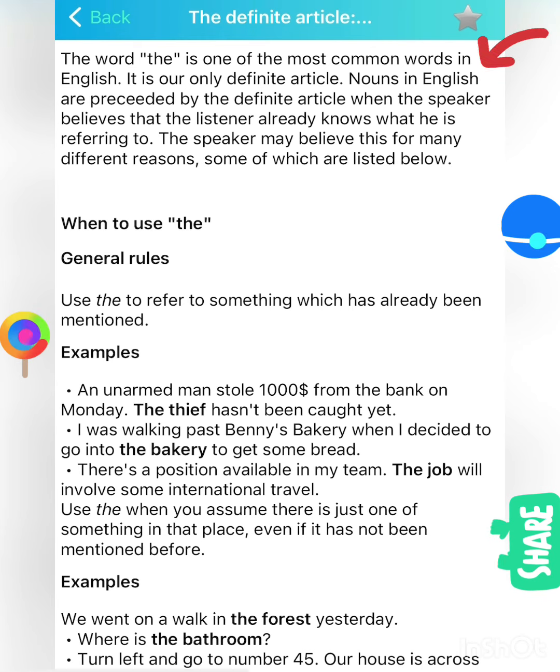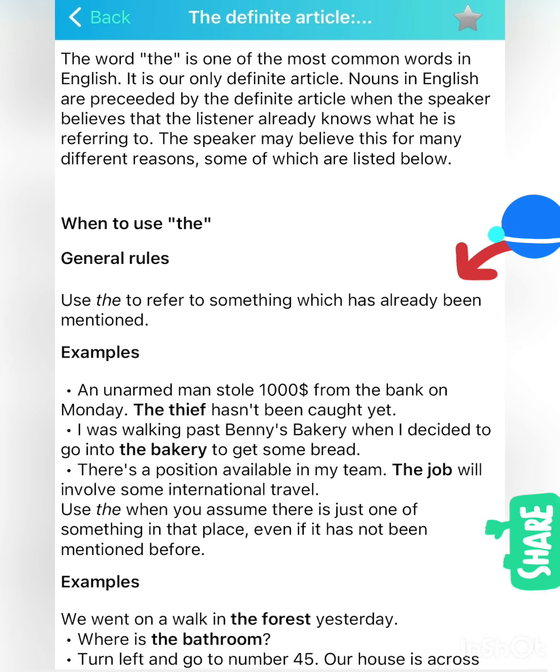The speaker may believe this for many different reasons, and some of these are the ones that we're going to discuss, and they will tell us when and where "the" is used in our spoken and written English. One of these situations is when we use "the" to refer to something which has already been mentioned to the listener.